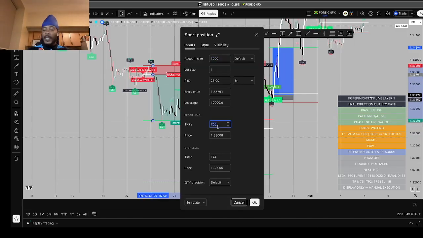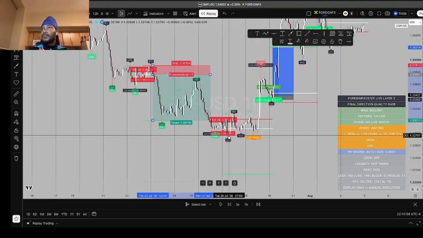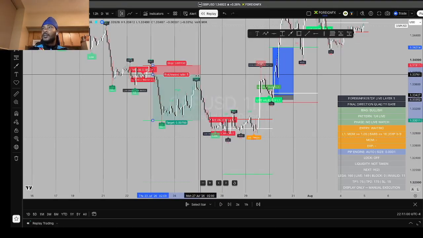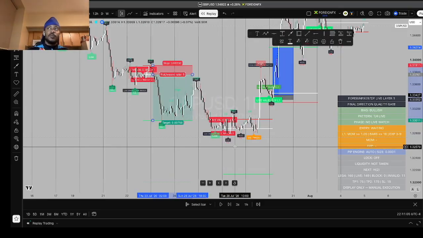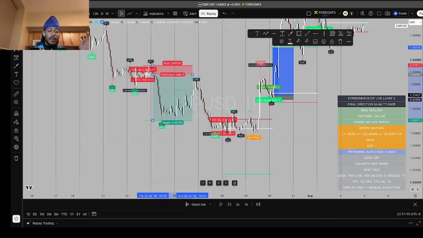So in this case, instead of getting a 1 to 10, you will now receive a 1 to 5. So right there, that would be a 1 to 5 trade. If you don't want to take a 1 to 10, you want to have a bigger stop rather than a tighter stop, you get a 1 to 5. And that's about it for the entry of the tool.